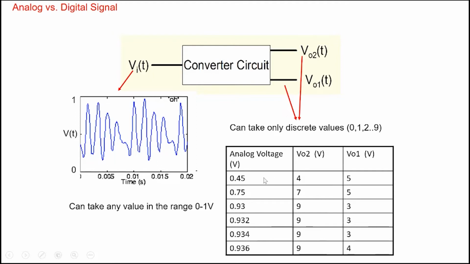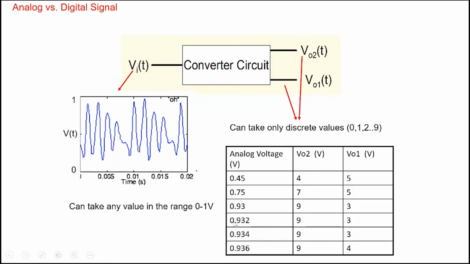For example, if there is a voltage 0.45, then the first decimal place is 4, the second decimal place is 5, so we will get 4 here and 5 here, maybe 45. Similarly, 0.75, so 7 is the first digit, 5 is the second digit. Note that we are converting it into a 2-digit number only.